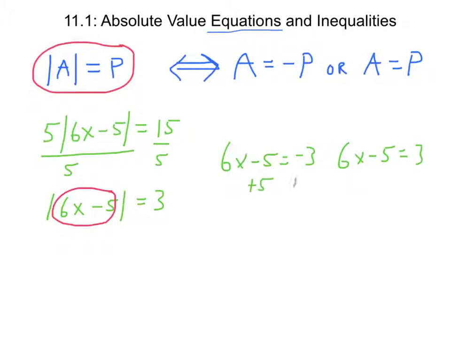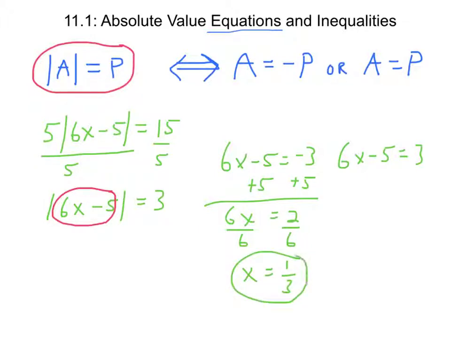So on this side we'll add 5 to both sides, so 6x equals 2, divide by 6. If we reduce that down, x equals 1/3. That would be one solution. And if we do the same process on the other side, we end up with x equals 8/6, which reduces down to 4/3.